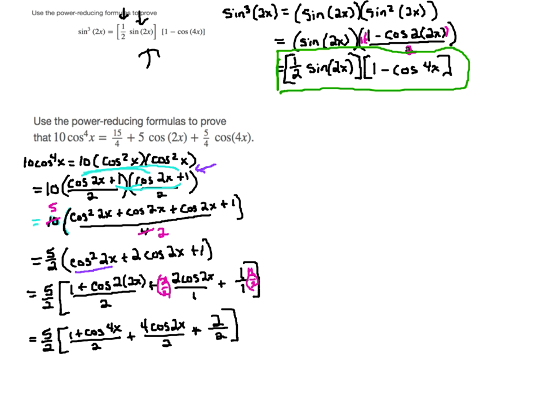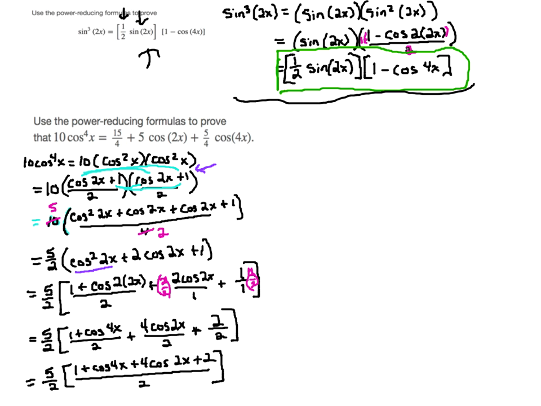And I can combine my numerators over my common denominator. So 5/2 times 1 plus cosine 4x plus 4 cosine 2x plus 2 all over 2. And I'm going to have to come up here to finish.